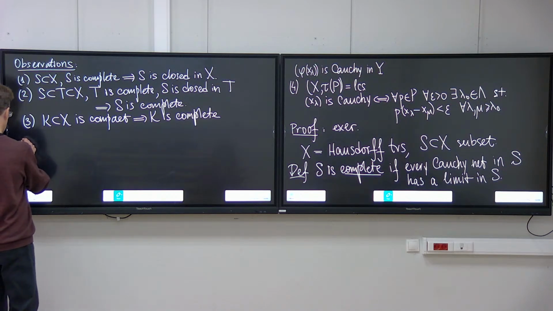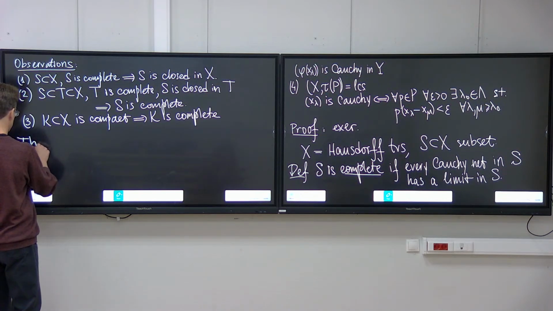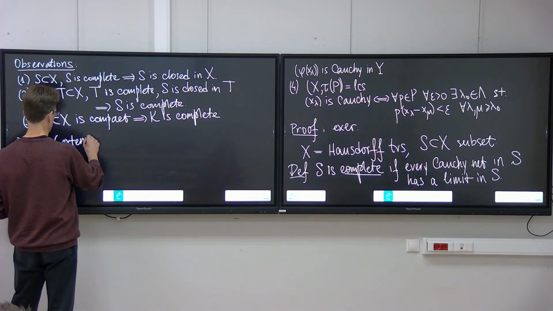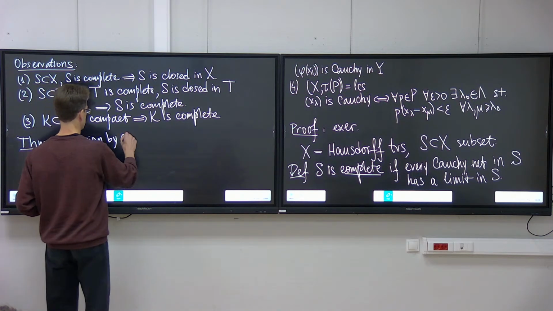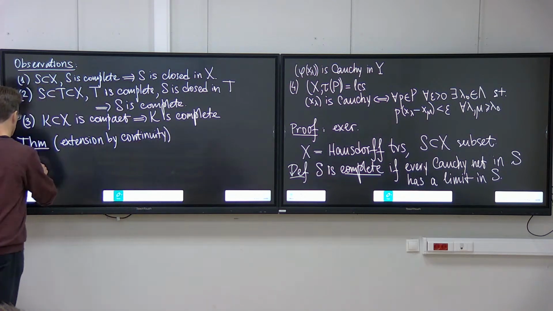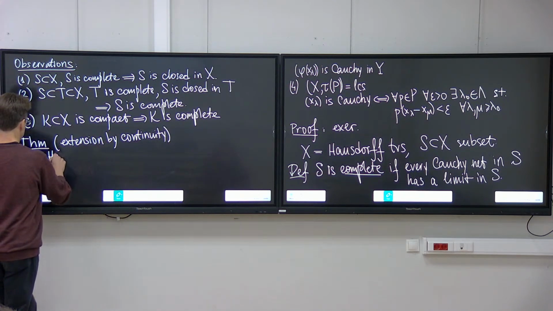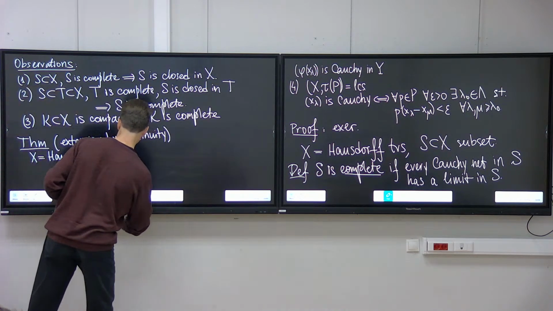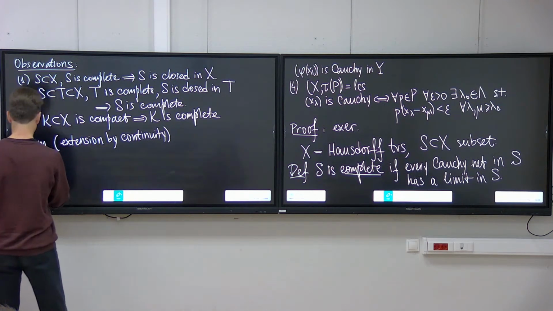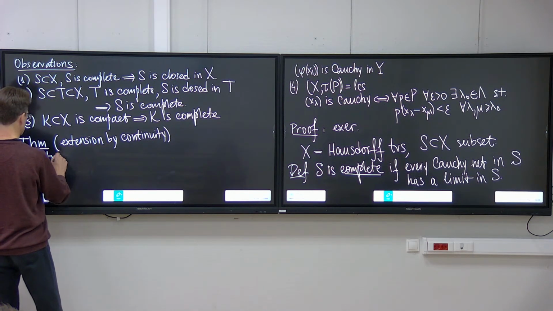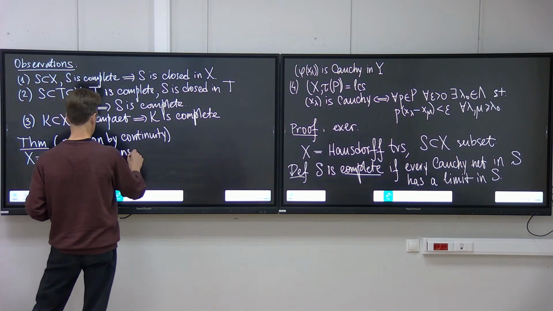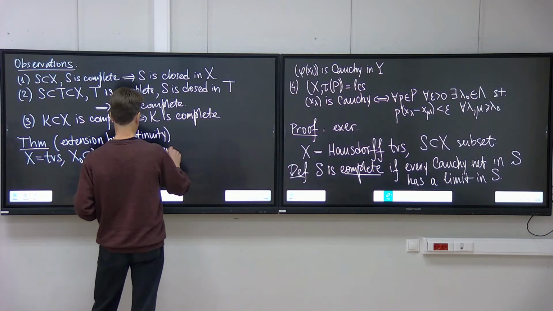Okay, let's now look at the following simple but important result, the so-called extension by continuity theorem. Suppose X is a Hausdorff topological vector space, and X0 a dense vector subspace.